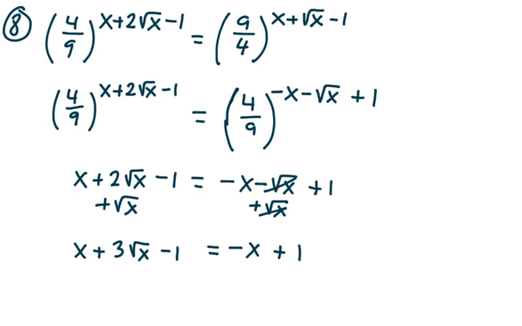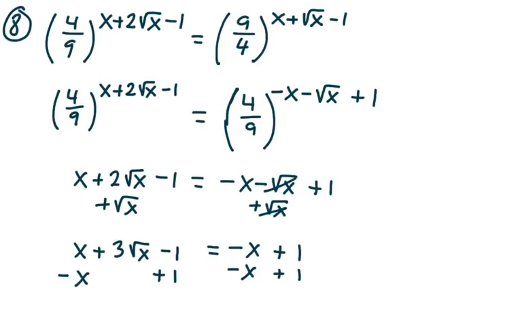Okay, now I'm going to subtract x, add 1. Why did I do that? The reason why I did that is because I want to isolate the radical on one side, put everything else on the other side.